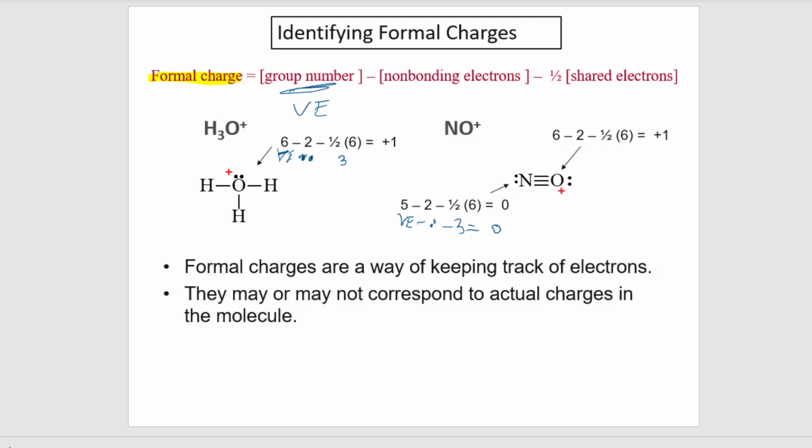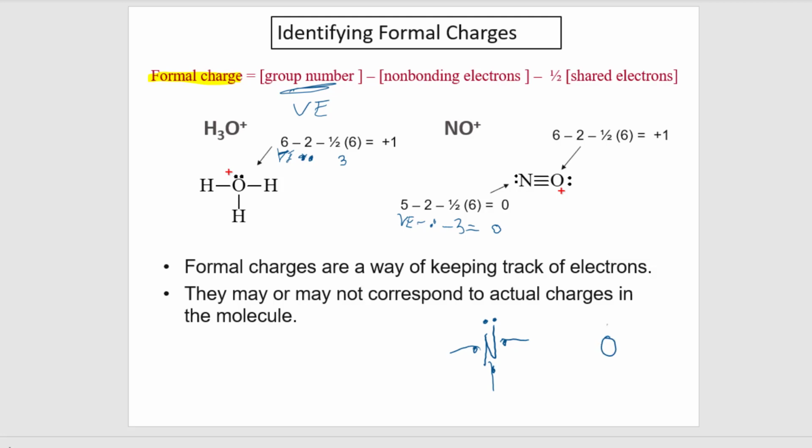However, if you recall, you should already have known there was no formal charge on the nitrogen. Why? Because nitrogen is in its normal bond state. Remember I said nitrogen is in that 5th group, so it has 5 valence electrons. So it normally likes 3 bonds and a lone pair. And nitrogen has 3 bonds and a lone pair. So it's perfectly comfortable and should not have a charge to it.